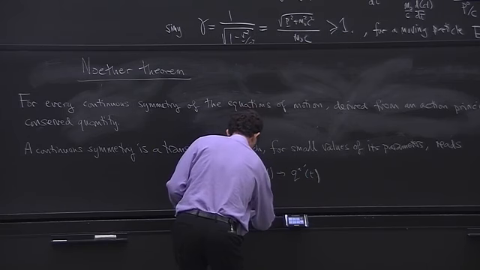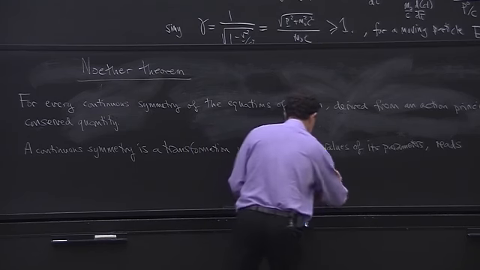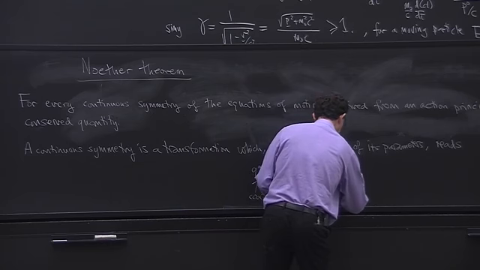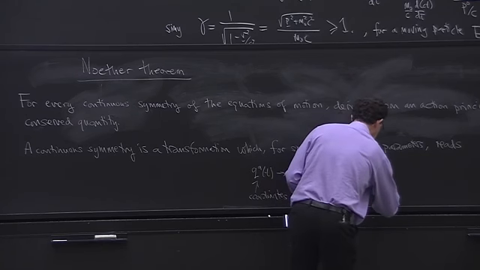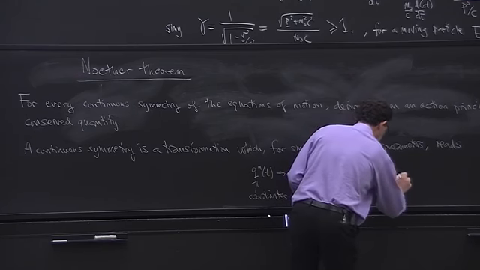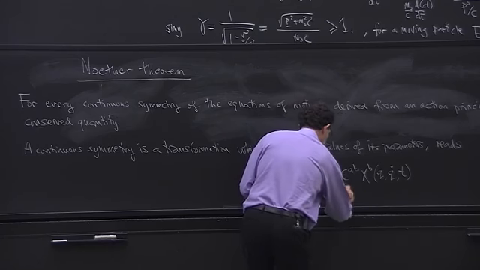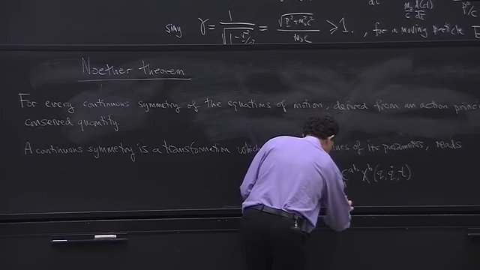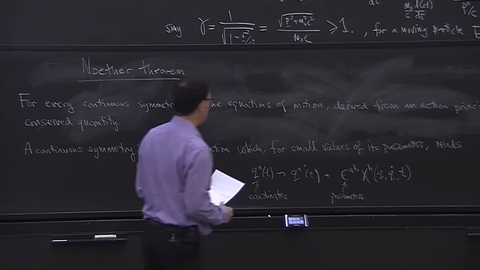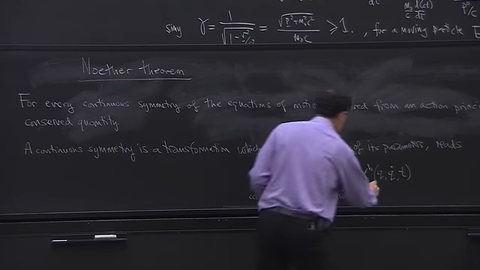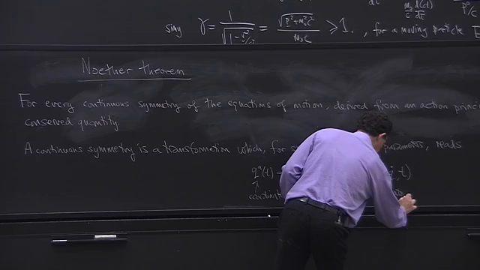These are the coordinates, plus epsilon AB, XB. So the parameters basically tell you how big the transformation is. XB can be a function of the coordinates, the velocities, and the time. We call epsilon the parameters, and we call XB the generators.